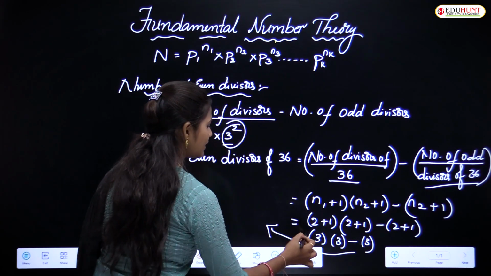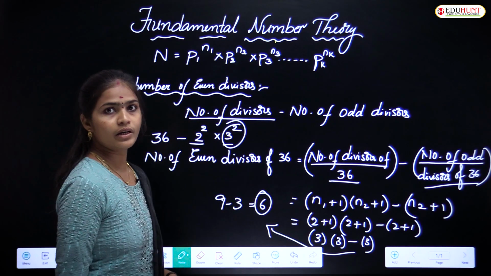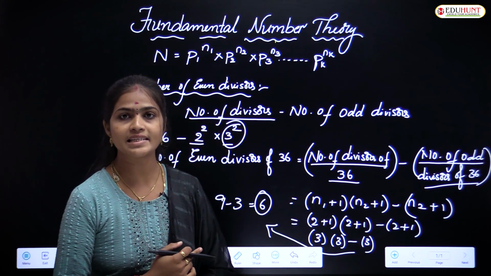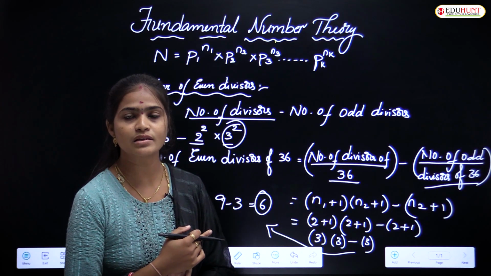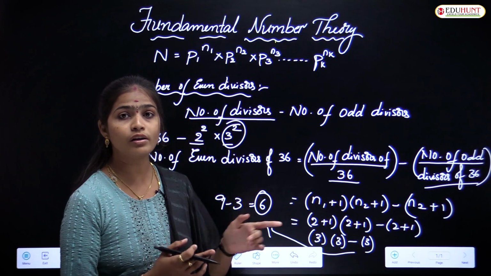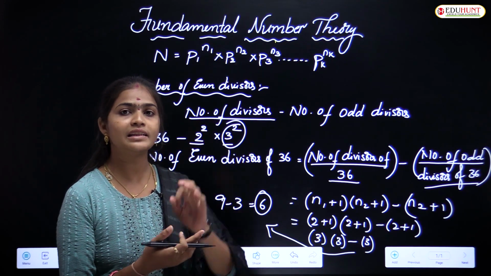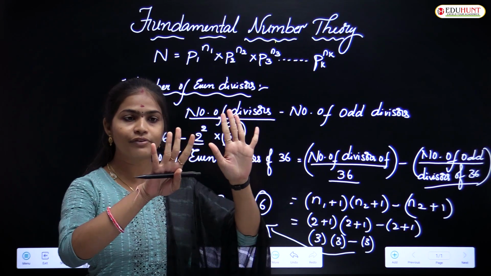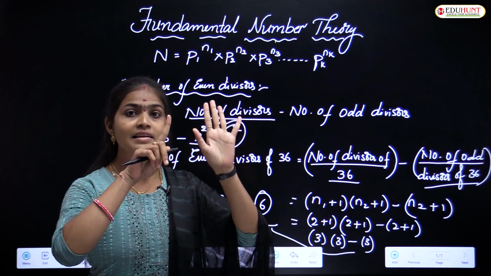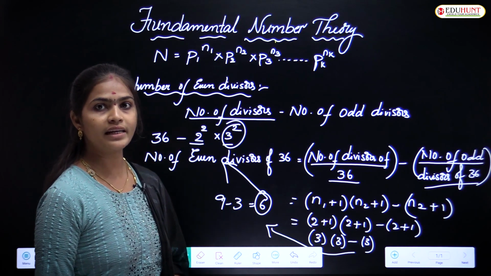So 3 threes are 9, and 9 minus 3 is 6. Already in the previous video we discussed the factors of 36: in all we have 9 factors, out of which only 3 are odd factors. So how many are left over? 6 factors, and all those 6 are even factors or even divisors.